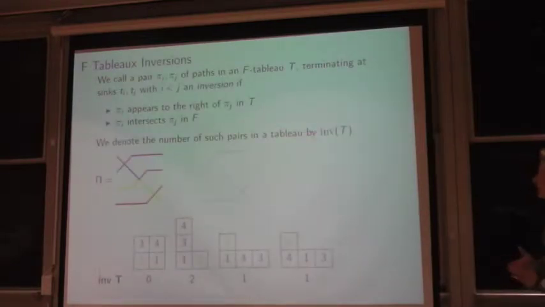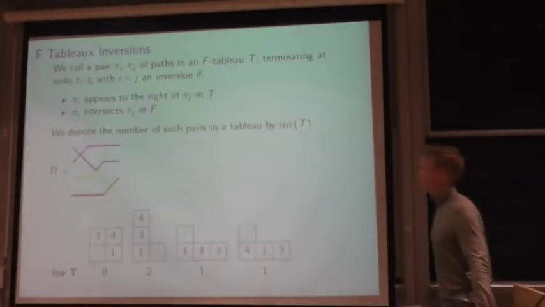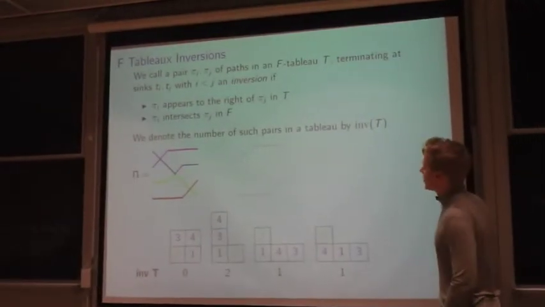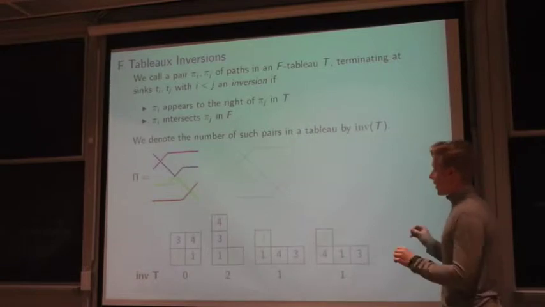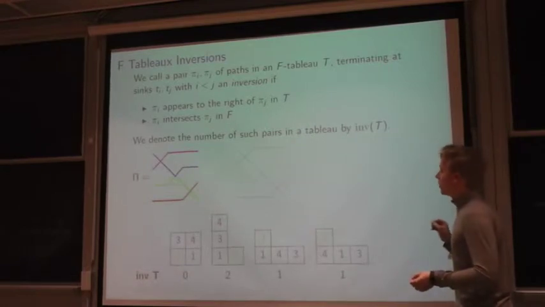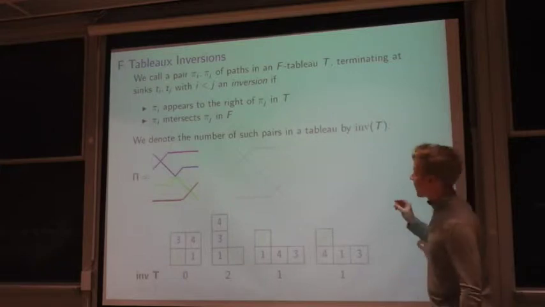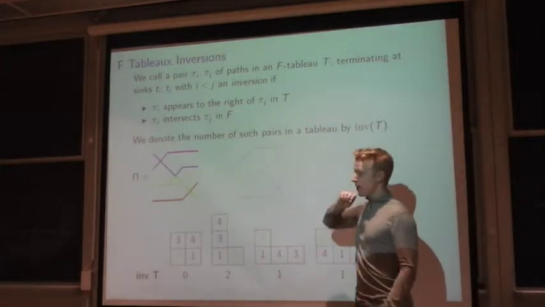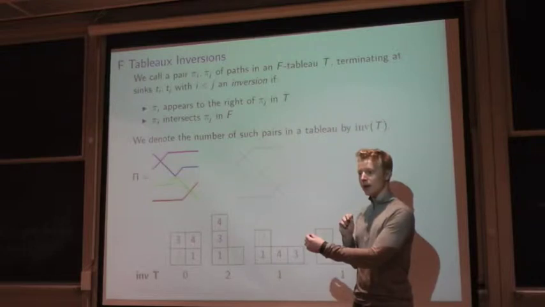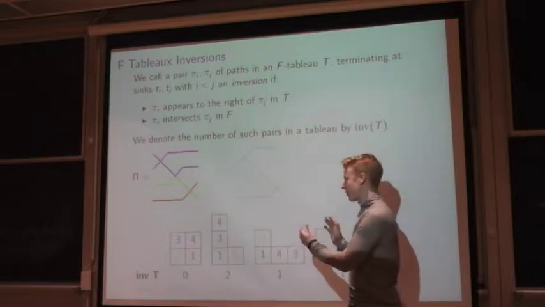An inversion in an F-tableau seems fairly obvious, but a pair of paths pi_i and pi_j in a tableau are going to be called an inversion if they're out of order. This first condition says they're out of order with respect to sinks, and by out of order with respect to sinks I mean horizontally.